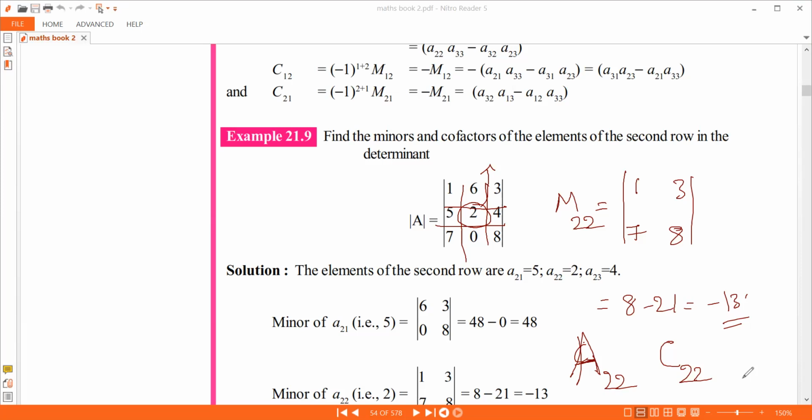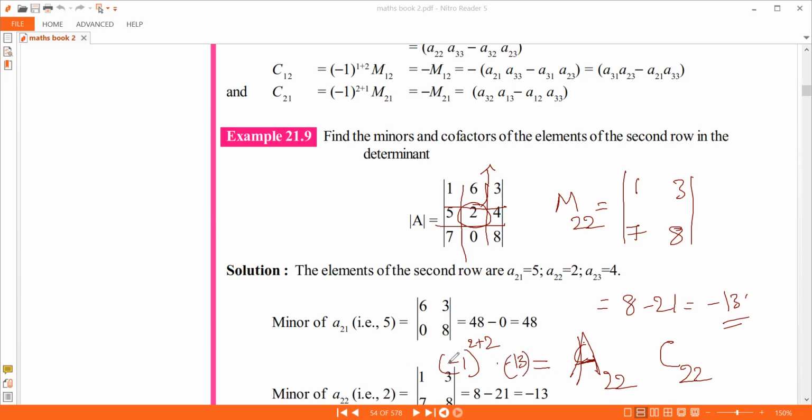Now, what is the formula? (-1) to the power i plus j, that is 2 plus 2, into the minor, that is -13.